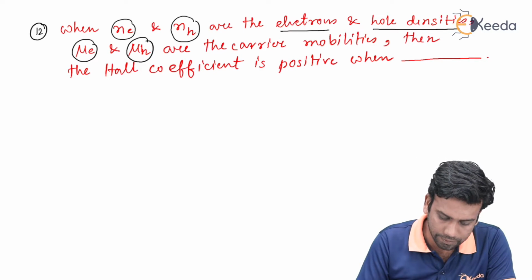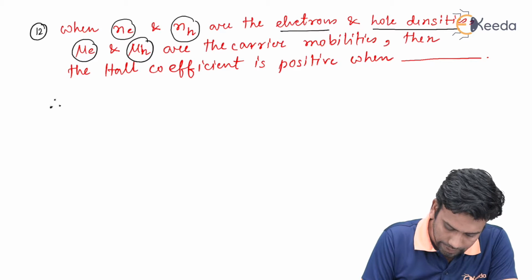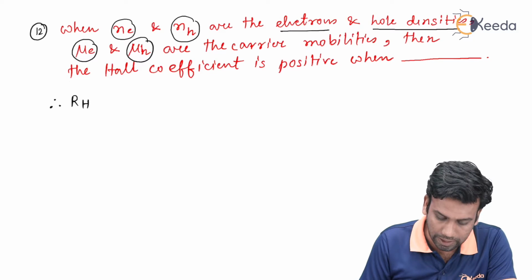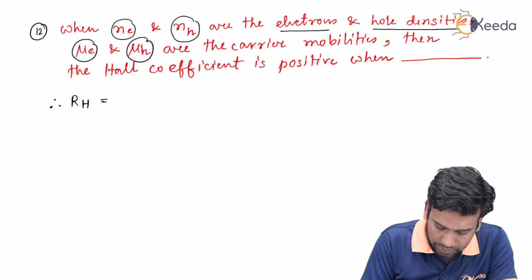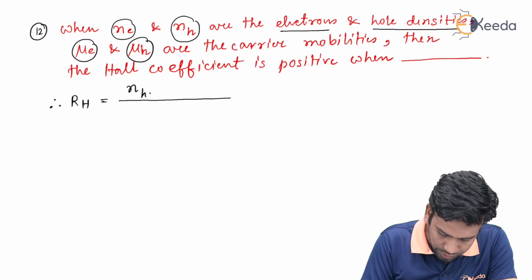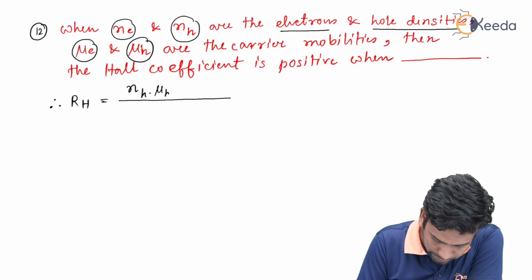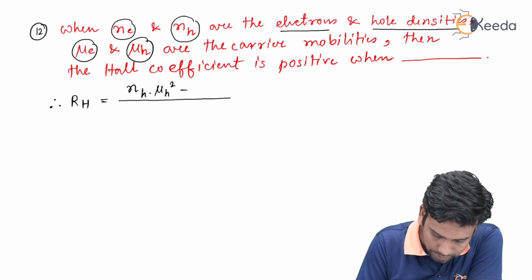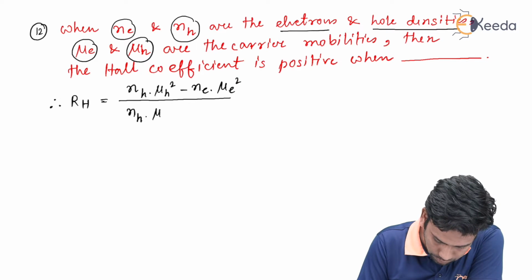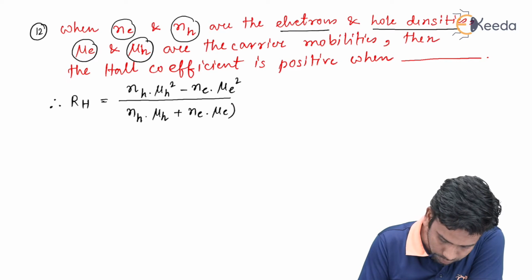So for that case, we know that according to the Hall effect formula, it gives a value of Hall coefficient RH, and this RH can be written as (NH mu H squared minus Ne mu E squared) divided by (NH mu H plus Ne mu E).